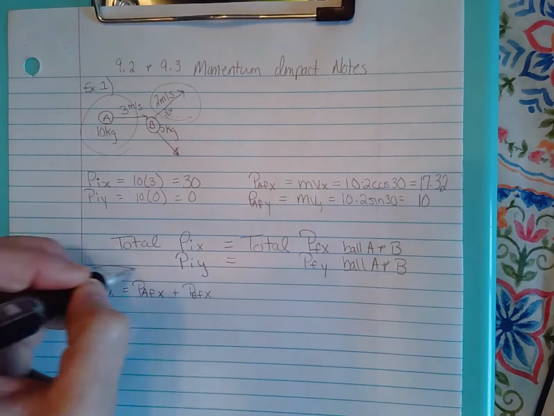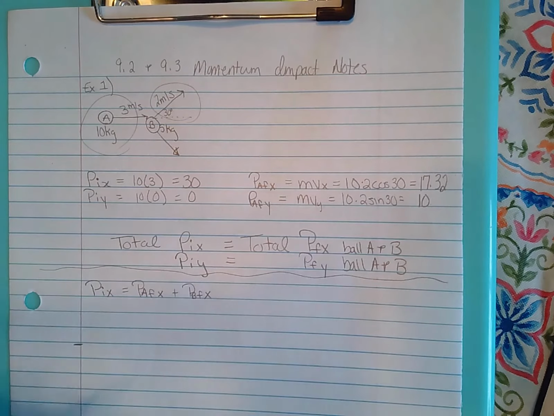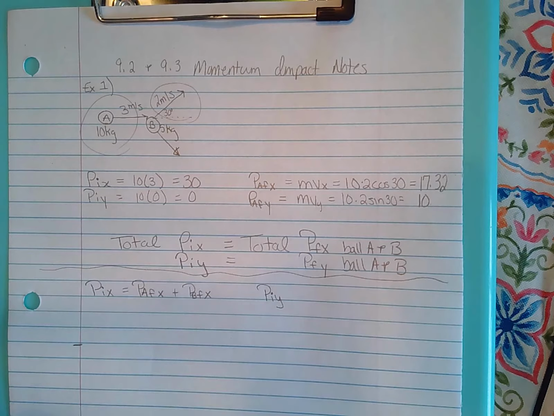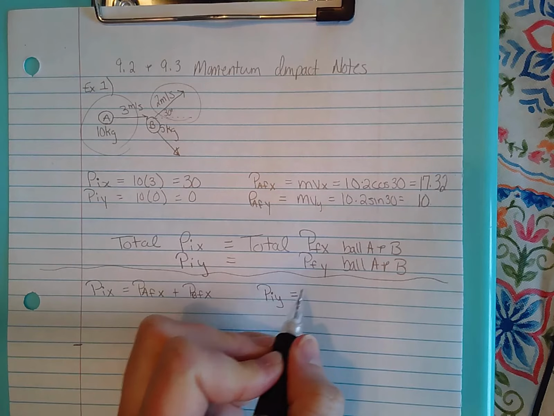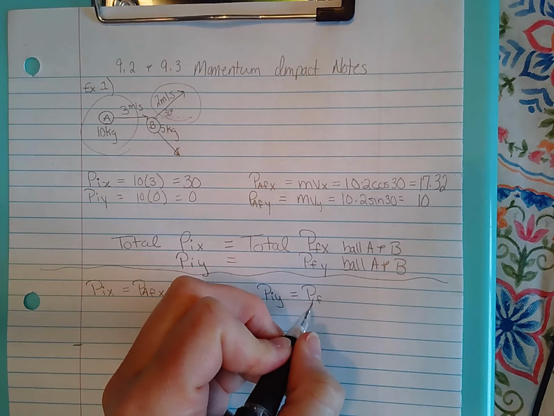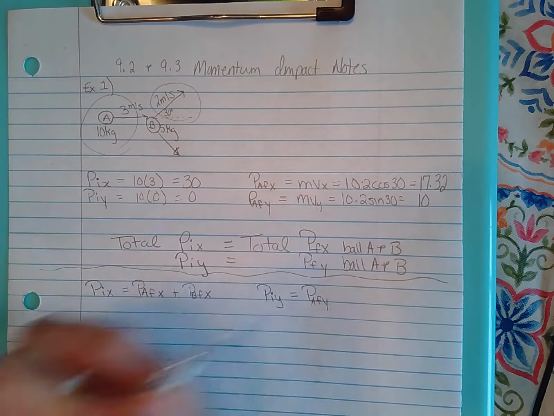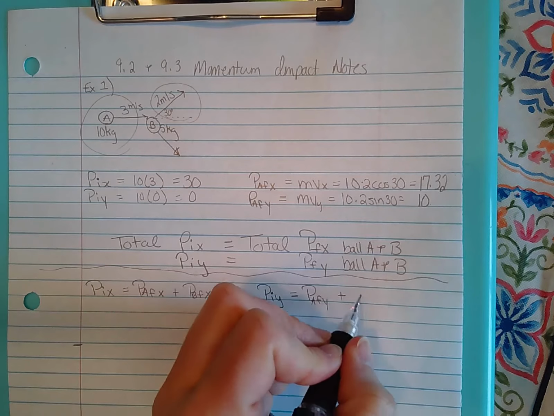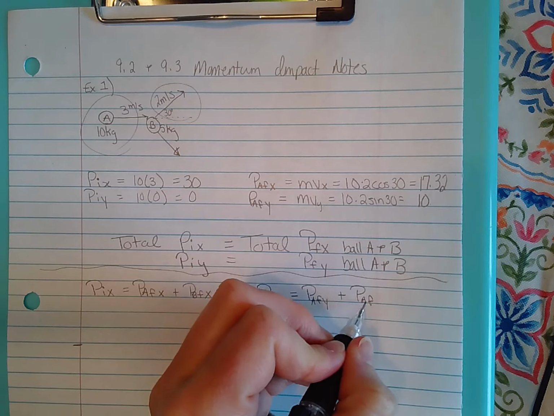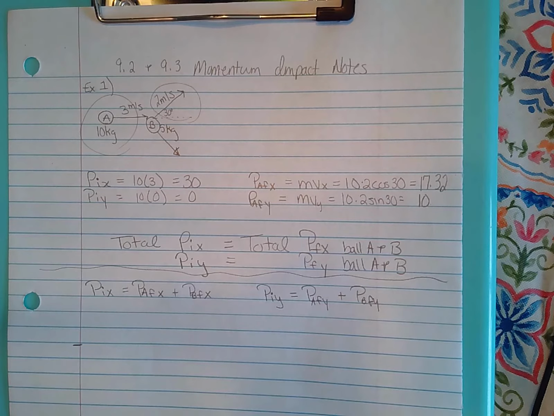And then the initial momentum in the y direction needs to equal the final momentum of ball A in the y direction added together with the final momentum of ball B in the y direction. Okay, so we're just breaking them down to their components, saying initial needs to equal the finals added up.